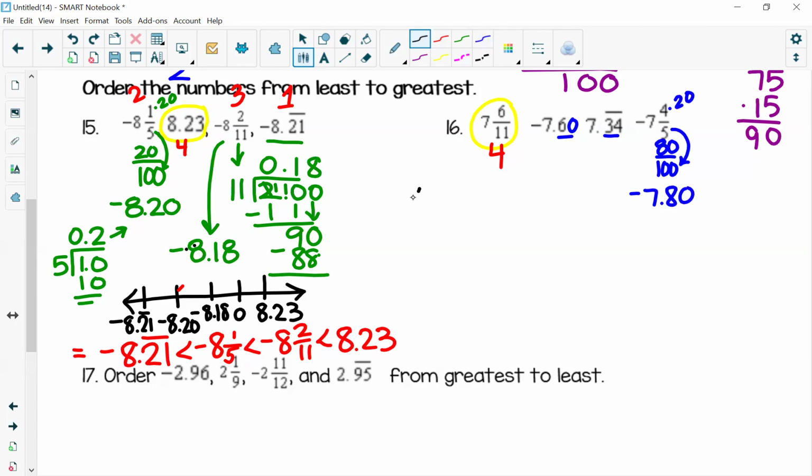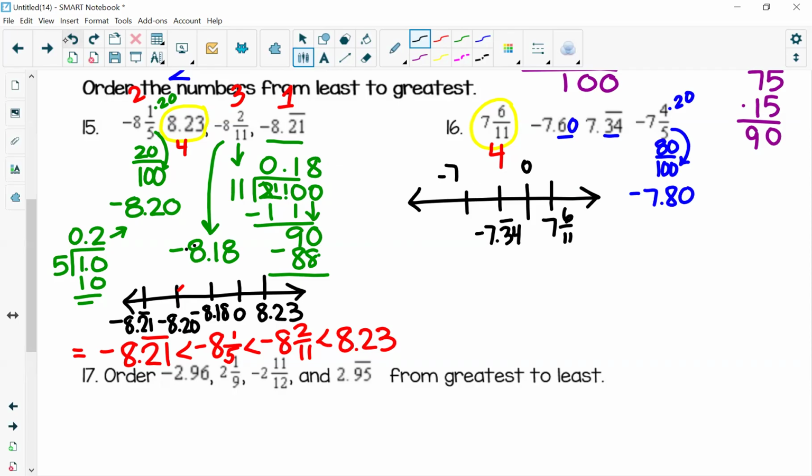So again, if I have a number line here, my positive number is 7 and 6/11ths. Then I have a 0. Next, it's going to be a negative 7 and 34 hundredths. Then we have 60 or 80. It's going to go negative 7 and 60 hundredths. And then my very last one would be negative, oh, wait a minute. That's not right. Let me go back.